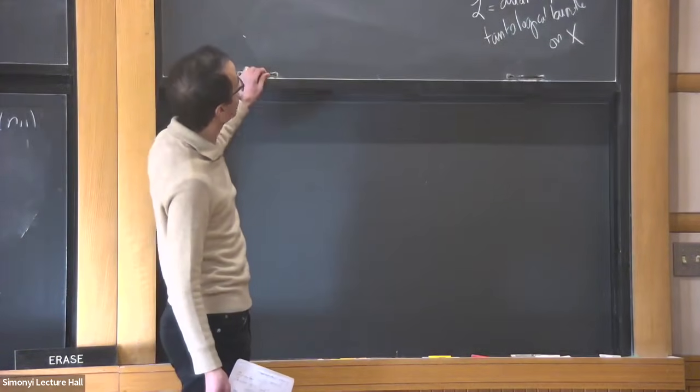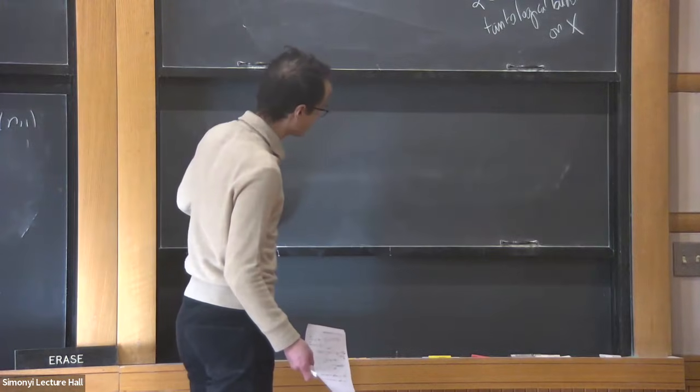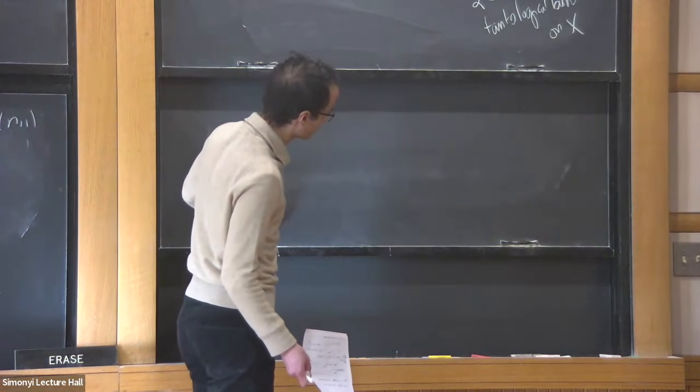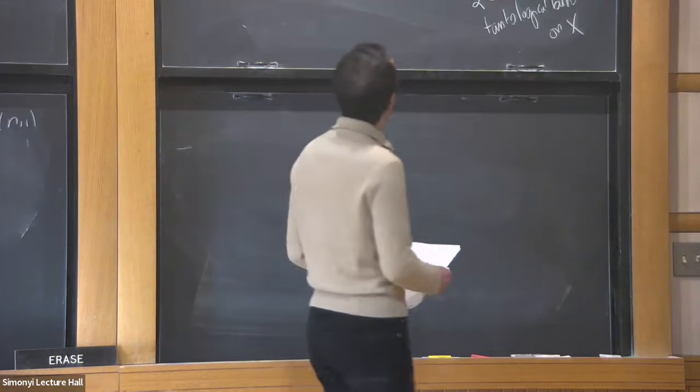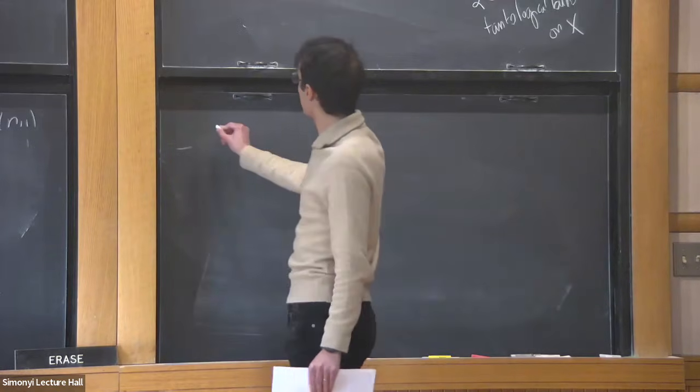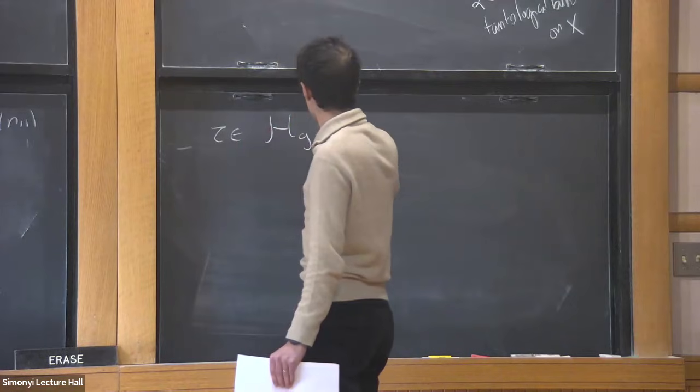Now, what is q to the power M? So now I will consider a variable tau in the Hermitian upper half space.